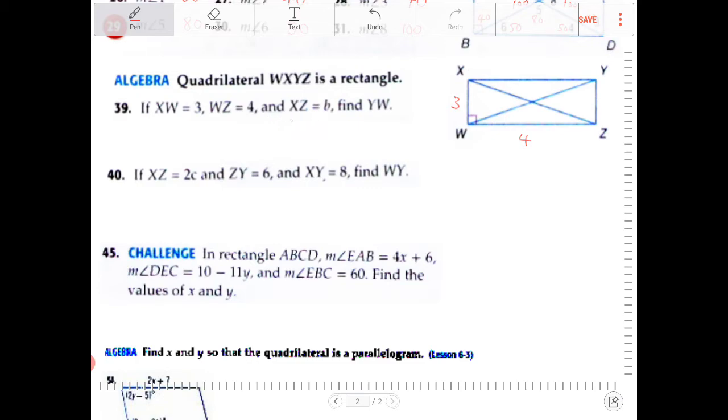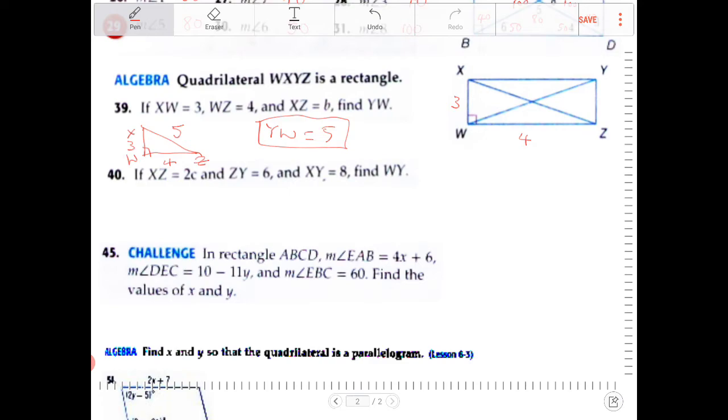We know that XZ is equal to 5. WXZ, this is 3, this is 4. This has to be 5 because of the Pythagorean theorem. So if XZ is equal to 5, YW, which is the other diagonal, should also equal 5.